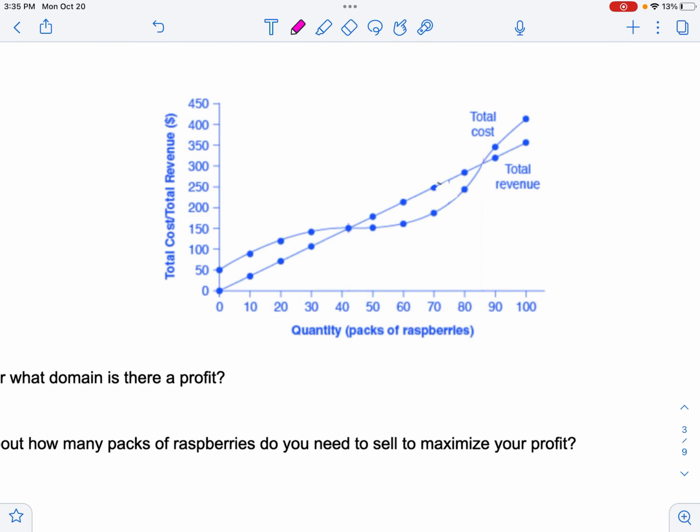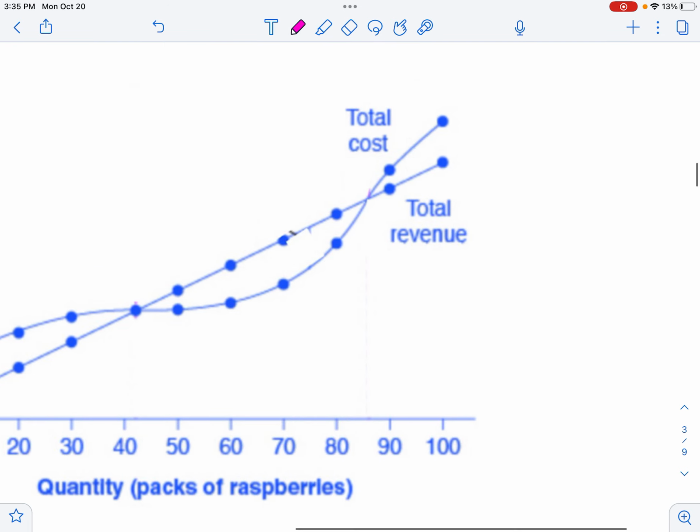So this total revenue, that's money coming in. And then our total cost, let's just do, I don't know, red. That's money going out.